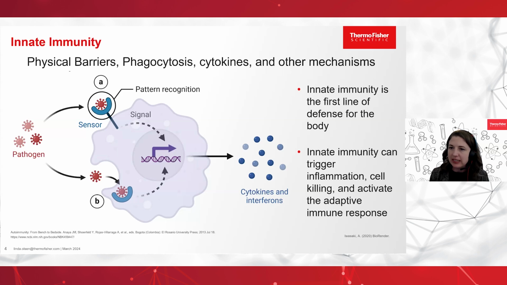So, innate immunity is the first line of defense for the body. It can trigger inflammation, cell killing, and then activate the adaptive immune response. There are certain patterns that are recognizable as foreign, even without the specificity of adaptive immunity, and that's where innate immunity comes in.